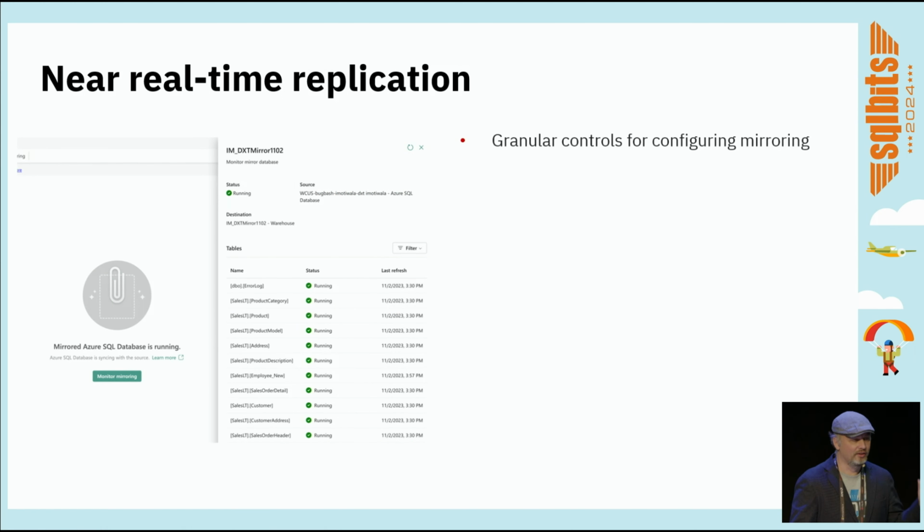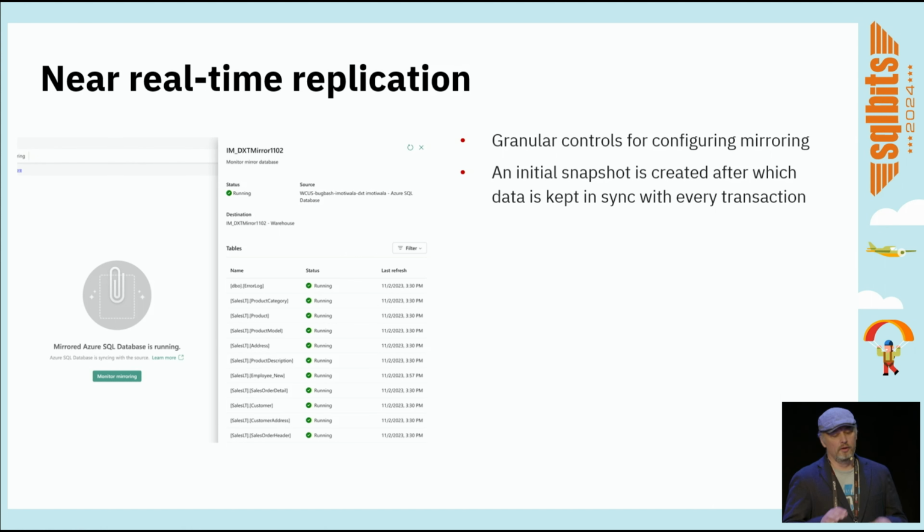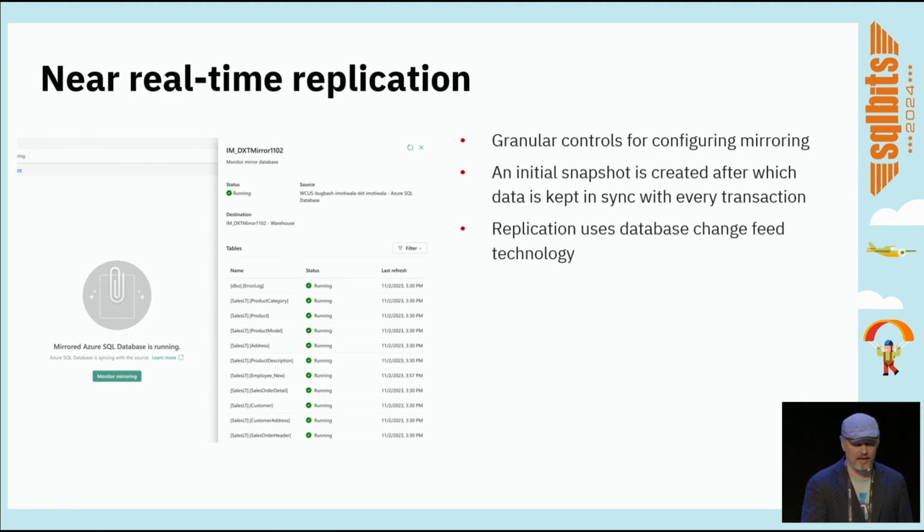So, near real-time replication, granular control for configuring mirroring. You will have the initial snapshot for your tables. And after this initial snapshot, we will deliver the replication that will keep the data in sync with every single transaction.